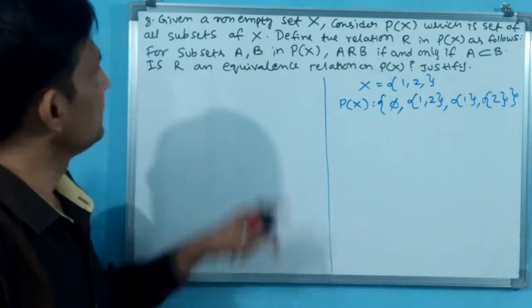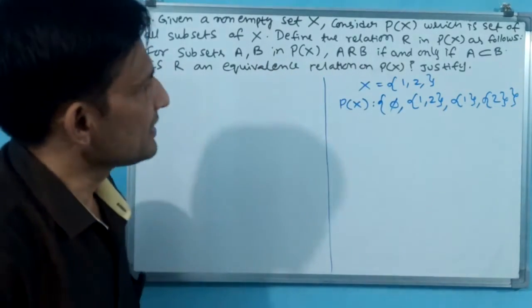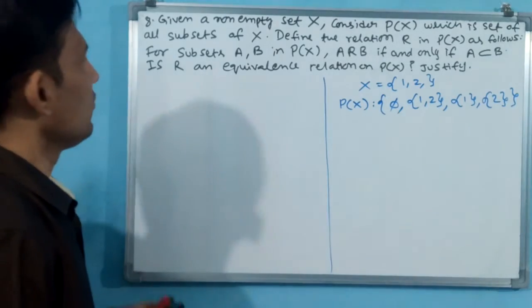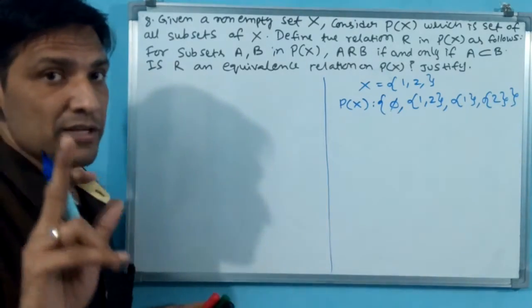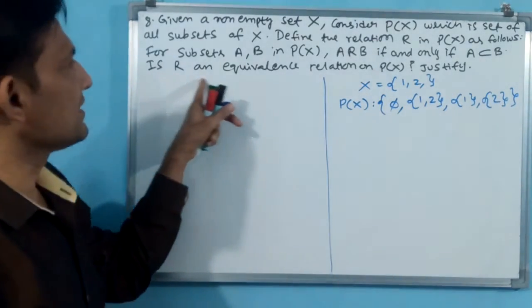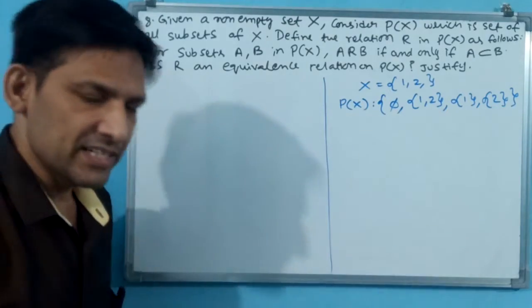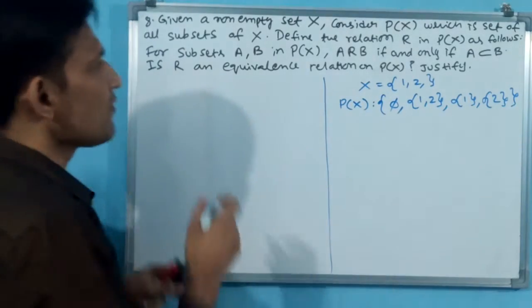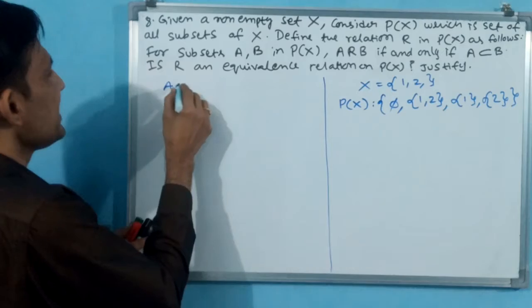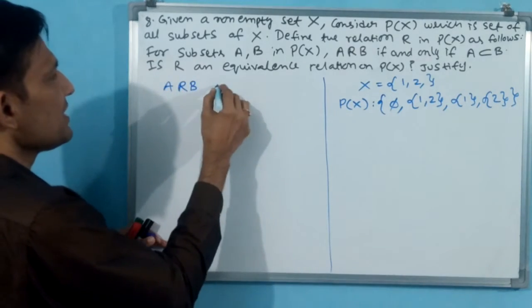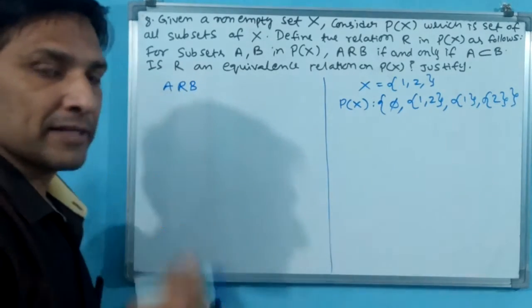Define the relation R in P of X as follows. Here relation is important, because the question has asked whether the relation is an equivalence relation or not. What is a relation? Relation is A R B, that means A to B relation is there.